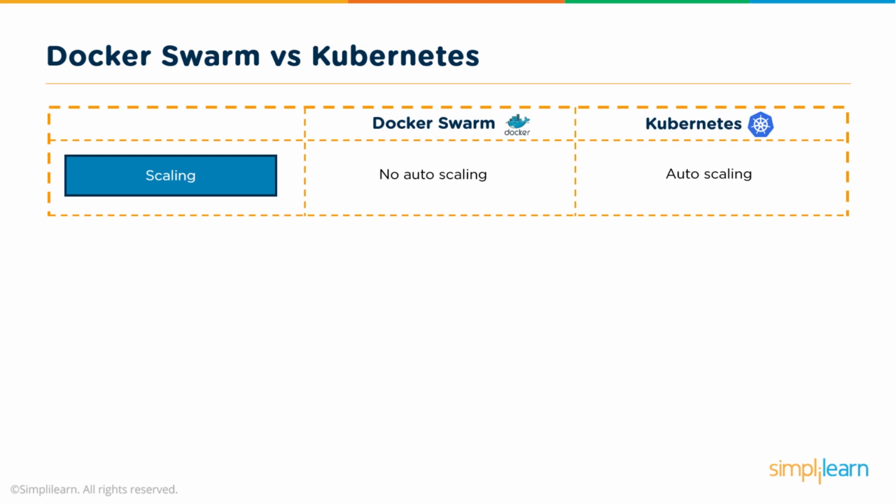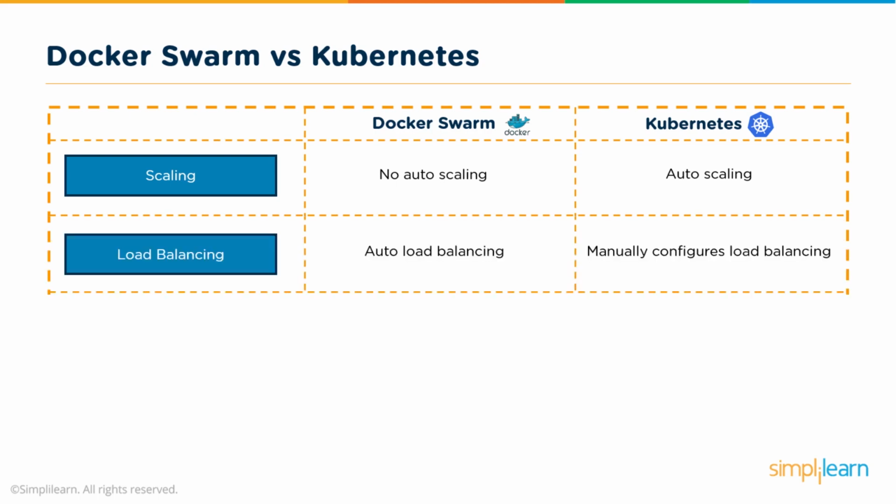of the things that you'll find is that both tools have strengths and weaknesses. But it's really good that they're both out there because it really justifies the importance of having these kinds of tools. So Kubernetes was designed originally from the ground up to be auto-scaling, whereas Docker Swarm isn't. The load balancing is automatic on Docker Swarm, whereas with Kubernetes you have to manually configure load balancing across your nodes.